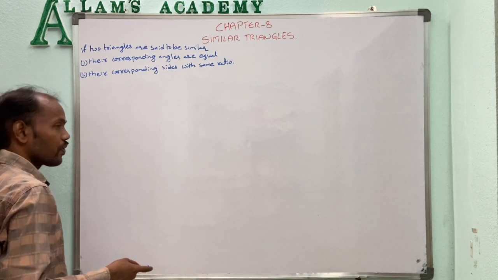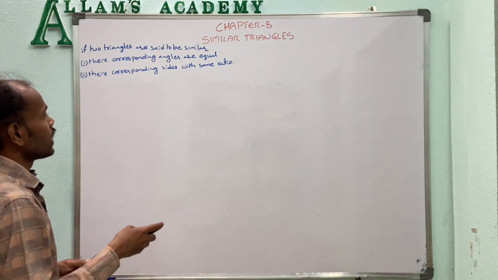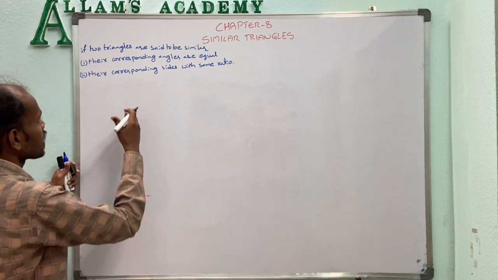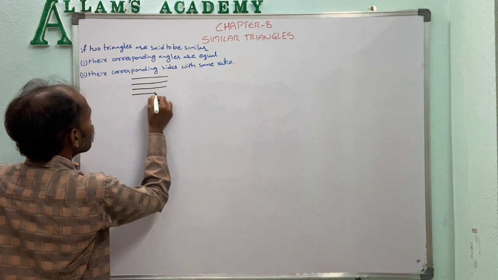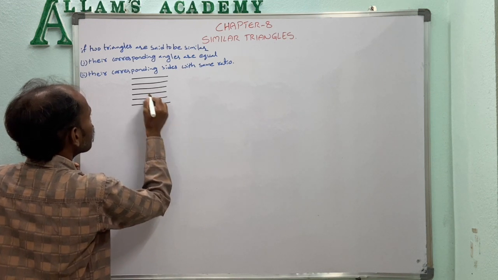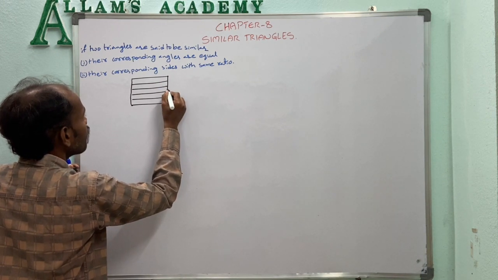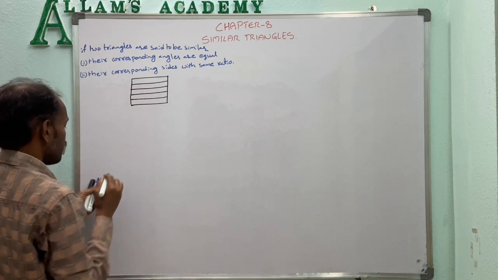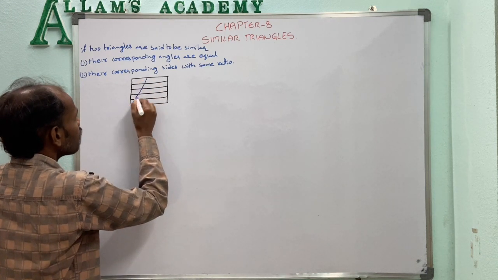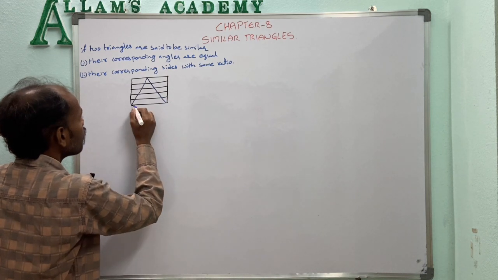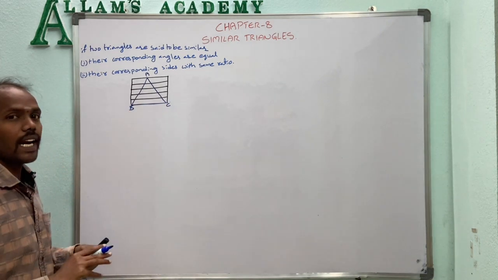Okay, now let's observe a diagram. On a graph sheet we take a triangle ABC.